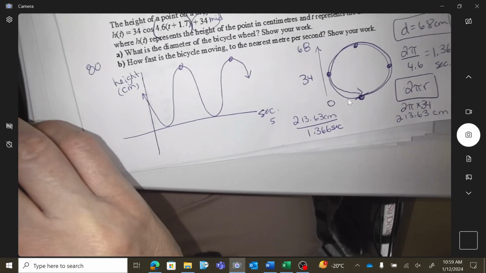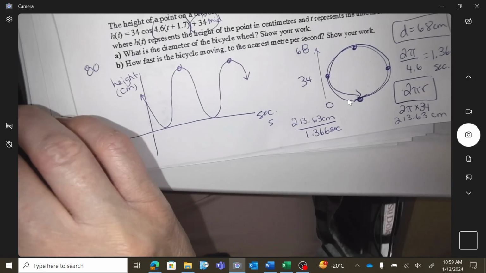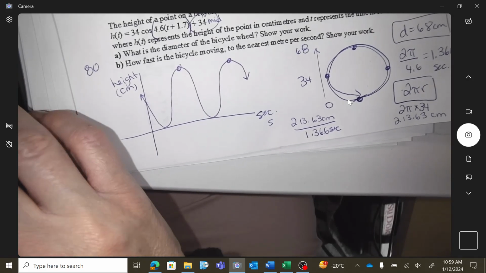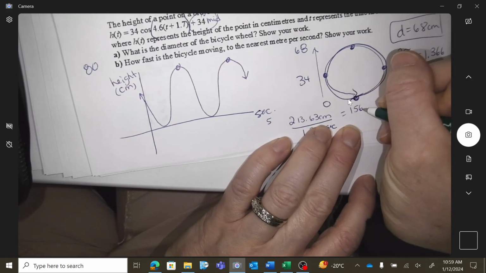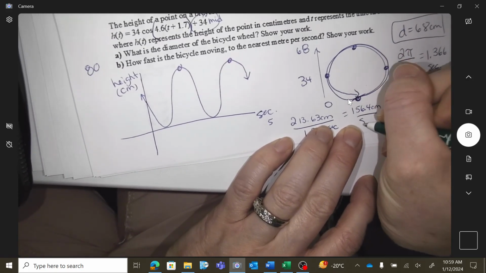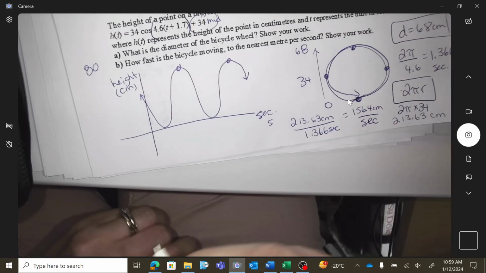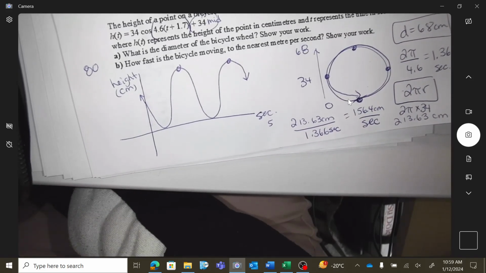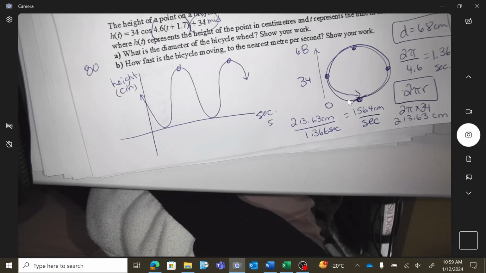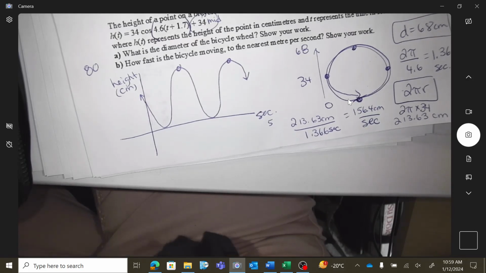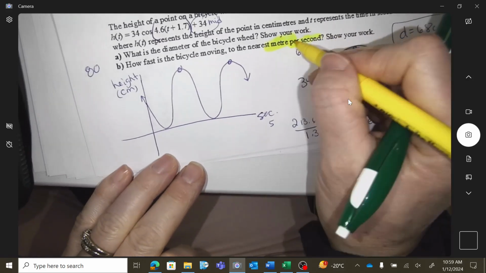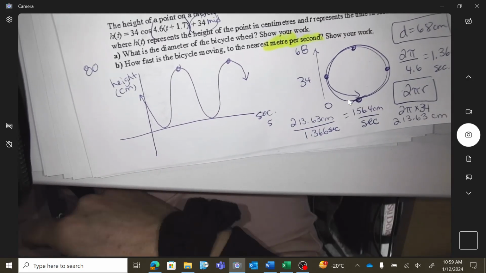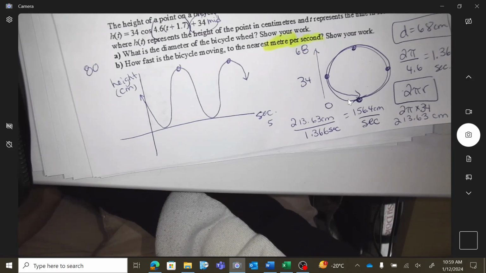I'm not going to do any rounding here, actually. And you know what they also did to you? Why don't we just make it more confusing? Meters per second.